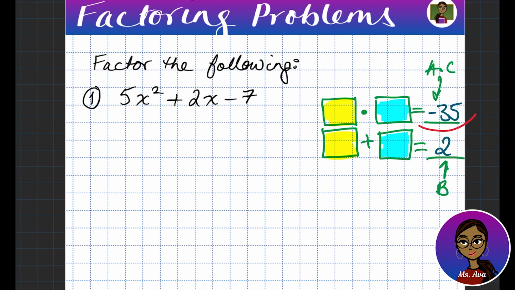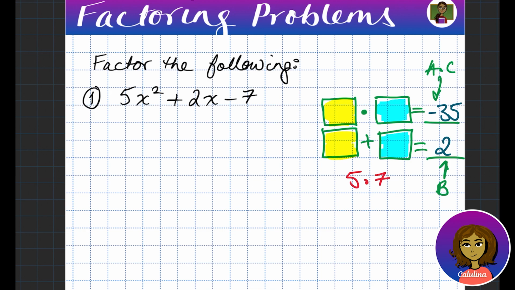So why don't you tell me some numbers that multiply to give me the -35? Okay, so that would be like 5 times 7. Yes, 5 times 7 will give you the 35. But then is there any way to add a 5 and 7 together and get +2? Yes. Okay, good. What would that be?